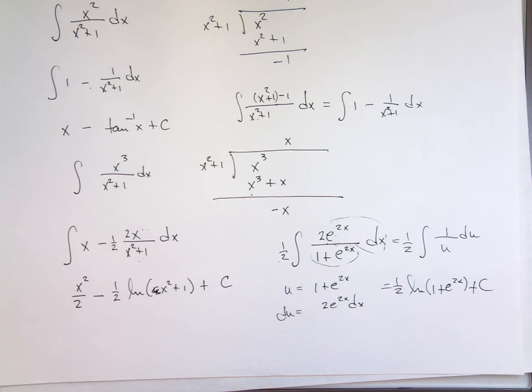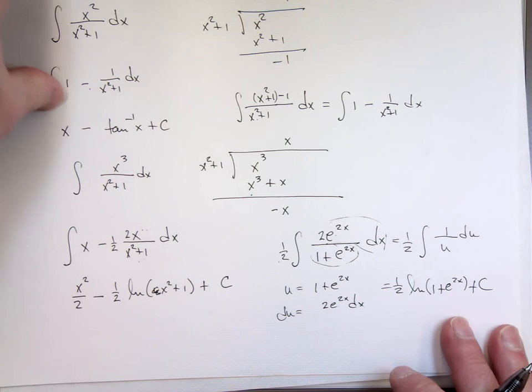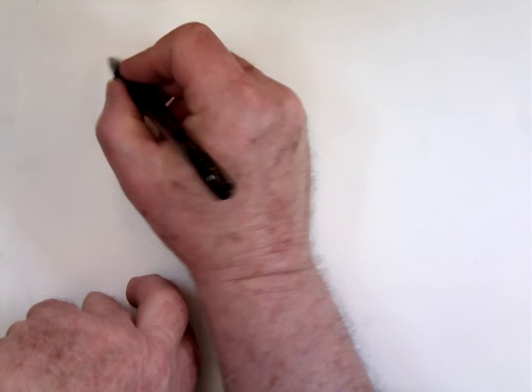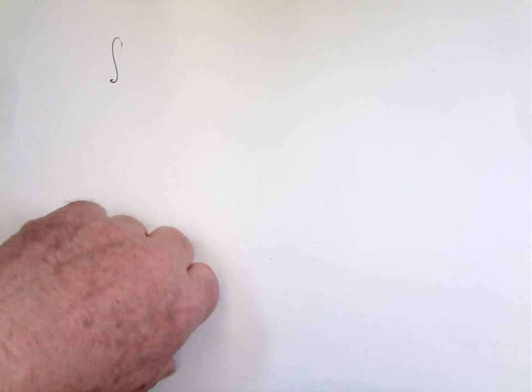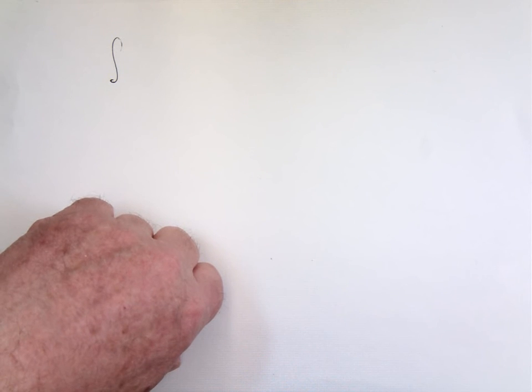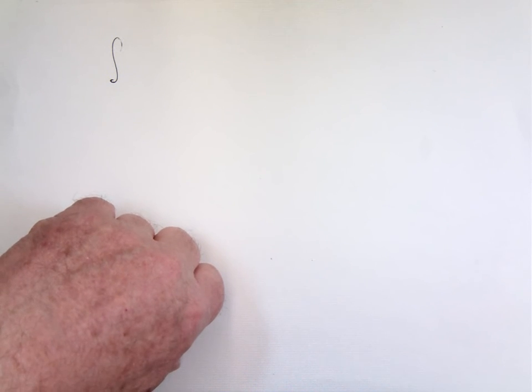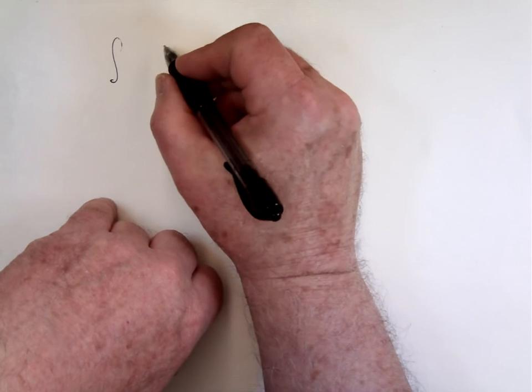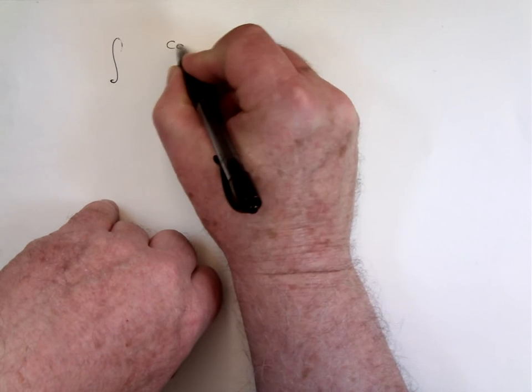All right. I better give you one more. That was not good. I was expecting better than that. Here, let's try this one. You guys do this one. How about the integral of cosine x over 1 plus sine x dx.